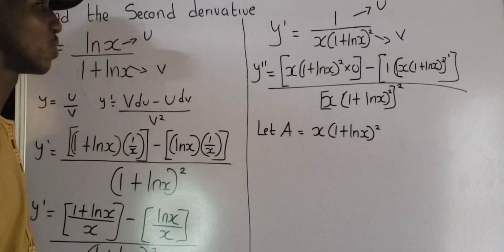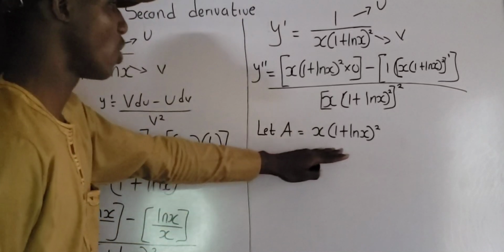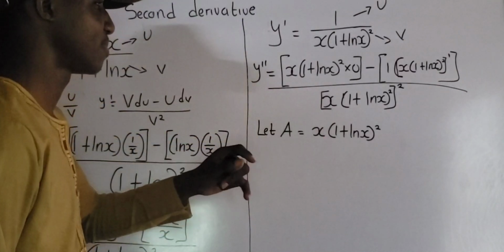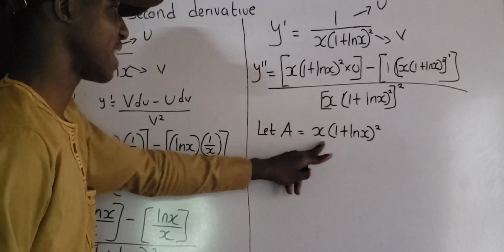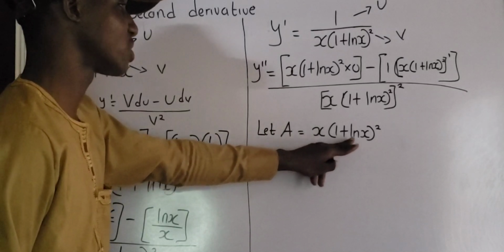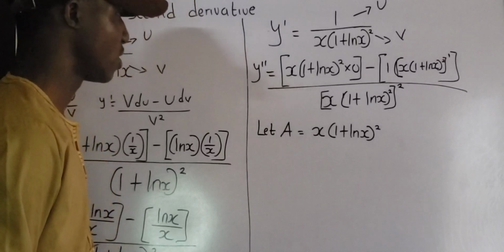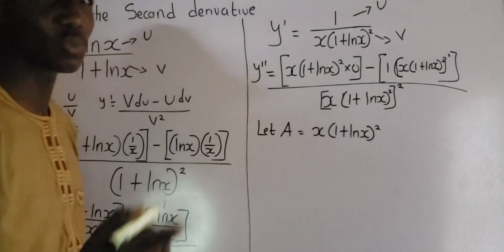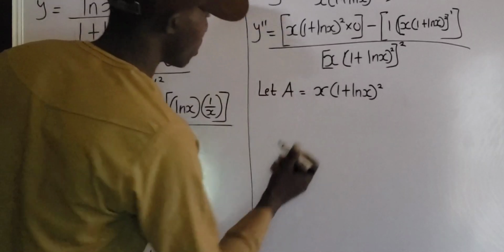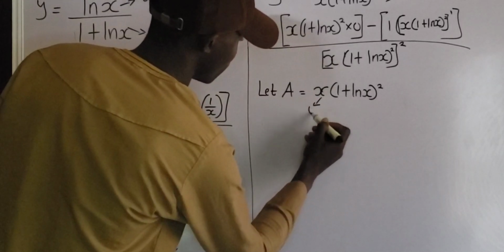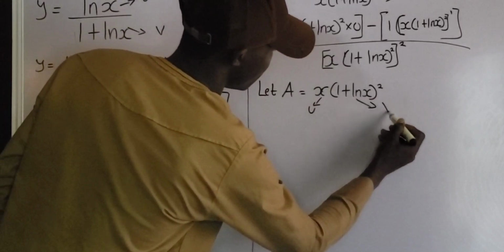If I may ask you, which rule are you going to employ to differentiate this function? You can see that we have two parts. The first part is x, and the second part is 1 plus ln x raised to the power of 2. Which rule are you going to employ? We are going to make use of the product rule first. Using the product rule, this is u, and this is v.